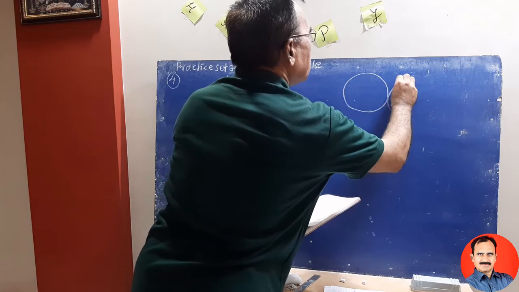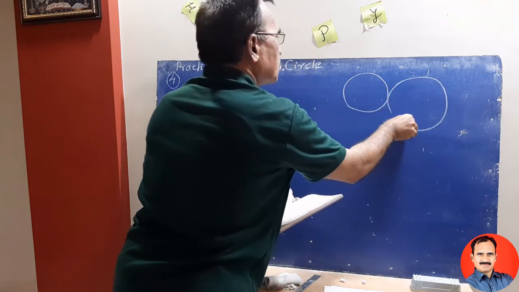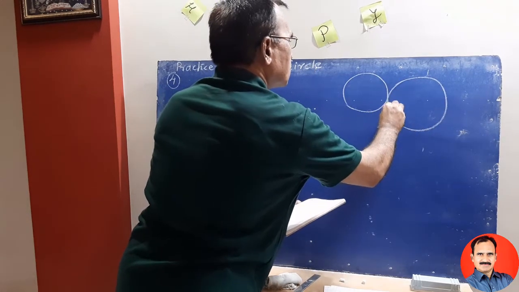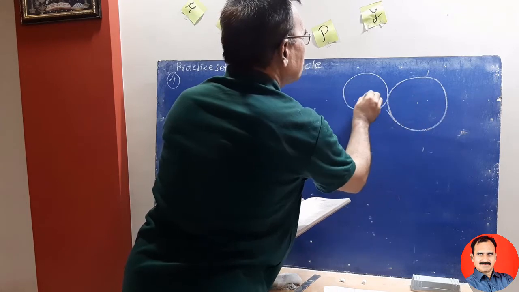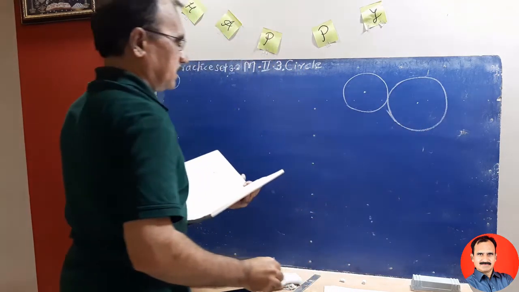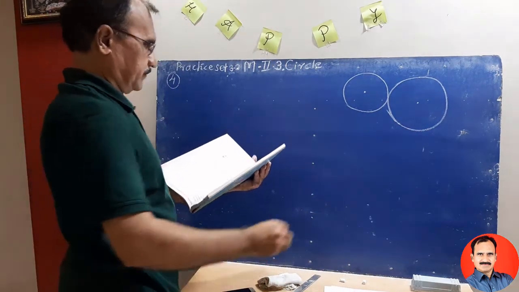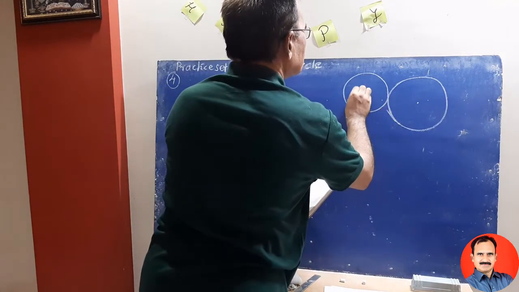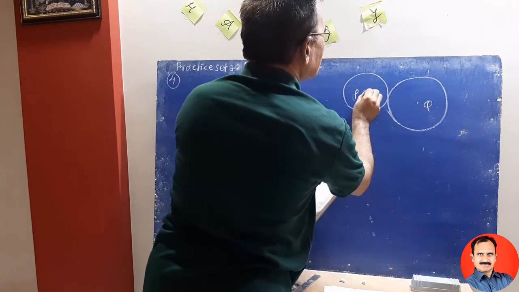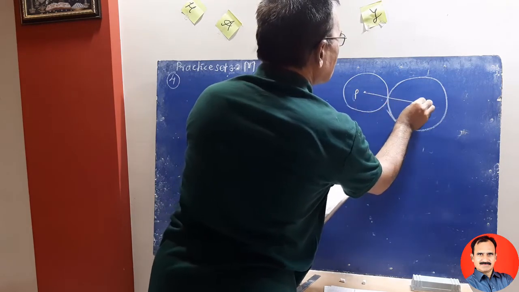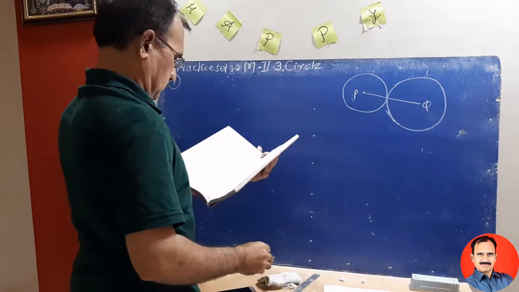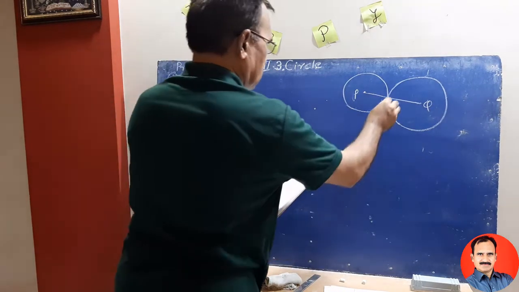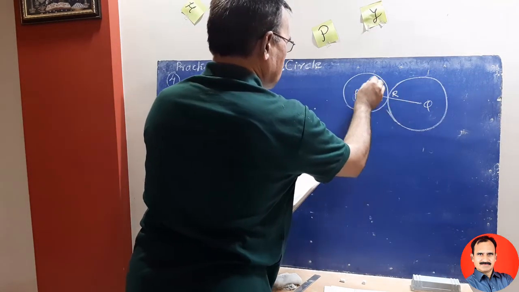Circles are externally touching, with centers P and Q. Then the point of contact is R.